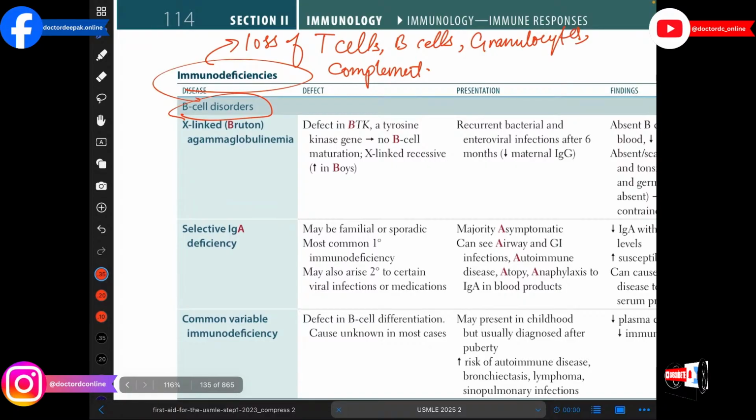The B cell surface markers, like CD19 and BCR, are absent in the periphery, gut, and the germinal centers of lymph nodes. You know the B cells mature by developing germinal centers. There is an absence of antibodies of all classes, and for that we are going to treat.